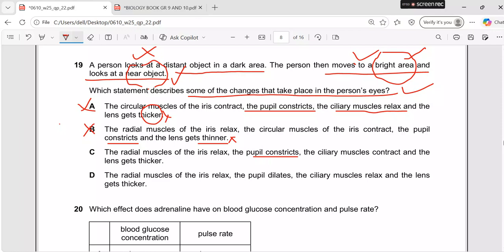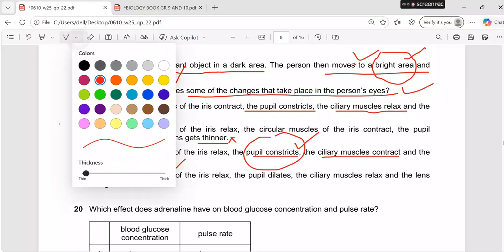Of course, we need that. Now, the second part of this option says the ciliary muscle contract and the lens gets thicker. Very well. These two things, the pupil constriction and the lens thickness, we wanted because we are moving to bright light.